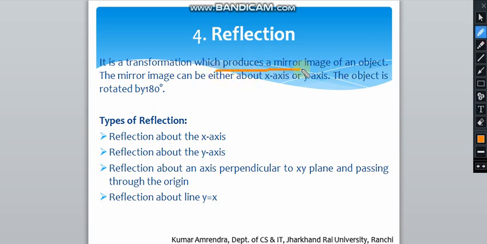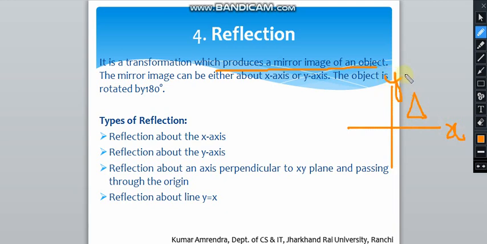So it produces a mirror image of the object, and the image can either be about the x-axis or the y-axis, or it can be rotated by 180 degrees. Let's suppose this is the x-axis and y-axis, and I have a triangle like this, and I say that the reflection must be along the x-axis.